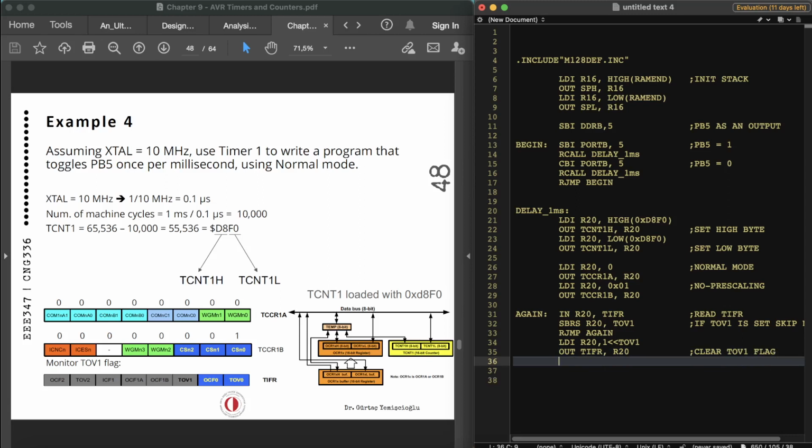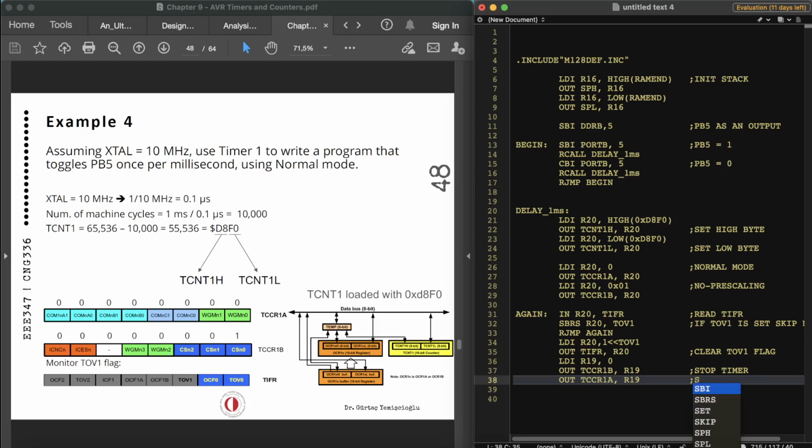Afterwards, stop the timer. LDI R19, 0, OUT TCCR1B, R19, stop timer, and OUT TCCR1A, R19.